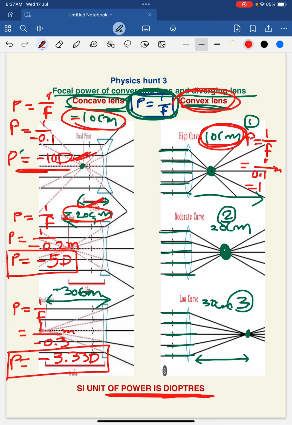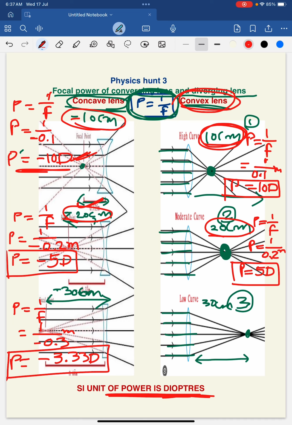So 1 by 0.1 means you will get 10 diopter. Now coming to the second diagram, power is equal to 1 by focal length. Here the focal length value is 20 centimeter. Convert into meters, 1 by 0.2 meter, so you will get 5 diopter.